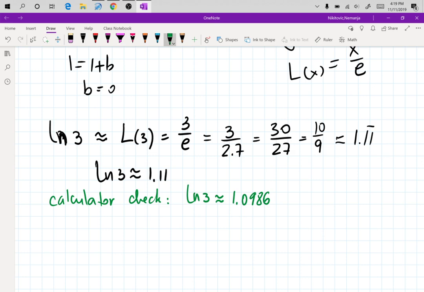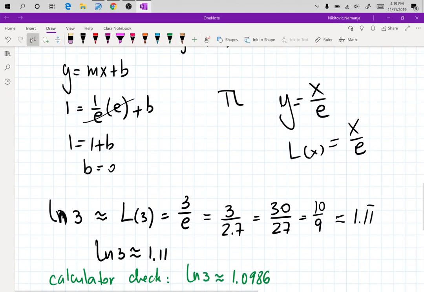Yes? Wait, I'm just confused. How did you get y equals x over e? Where did the x over e come from? Okay, so let me write it. It's going to be slope 1 over e times x plus b, which is 0. I thought we canceled out the e's though. That's just in the calculation for b. It has nothing to do with anything else. Now you have to keep your y and your x and just plug in m and b.